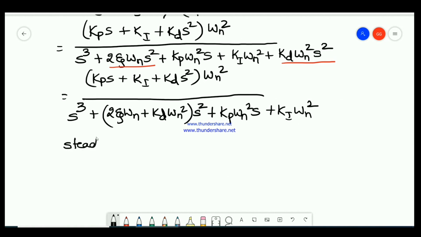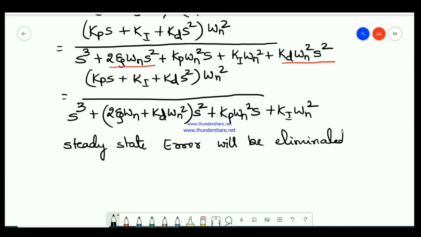Due to that we will see that steady state error is eliminated in this PID controller. You don't get steady state error, and the rise time gets reduced due to Kp, the proportional constant, which reduces the rise time.